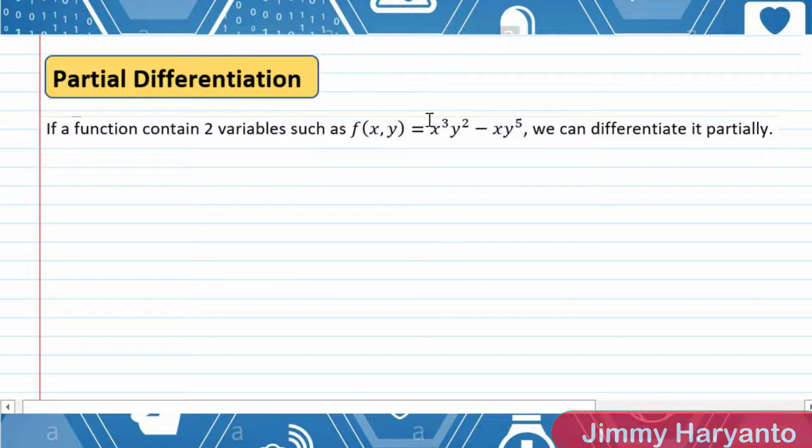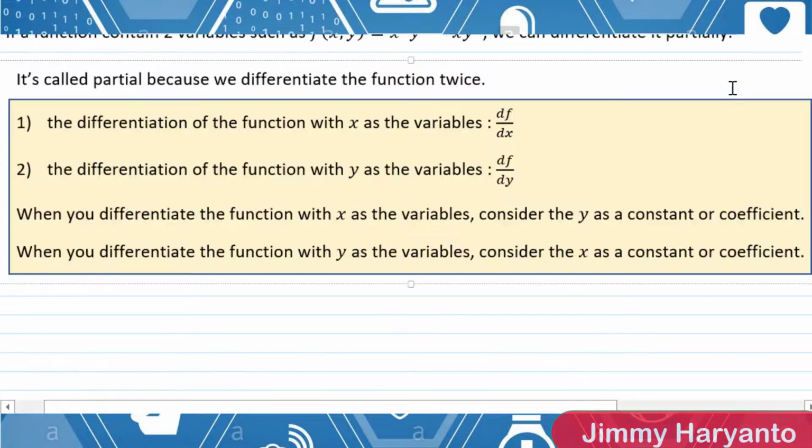For the implicit function, usually the function is equal to 0, yeah. There are no other variables else than x and y. For this one we have another variable which is f(x,y) or maybe z, yeah.